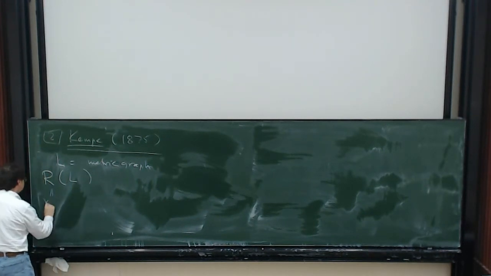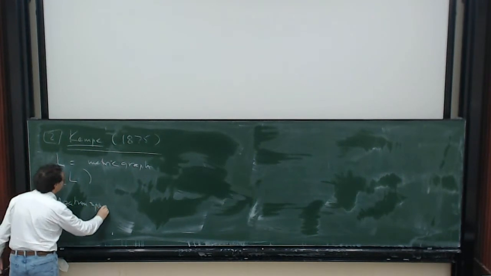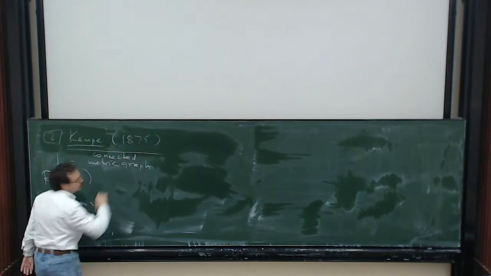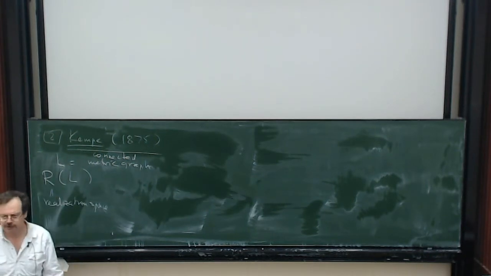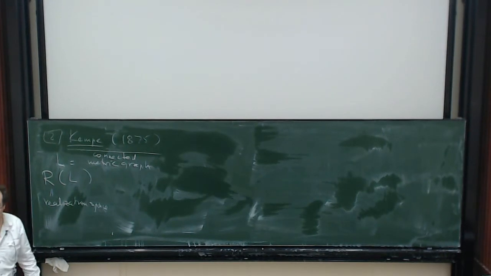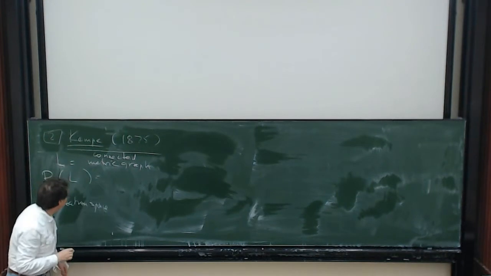It's a realization space. And I will assume it's connected to keep things clean. If it's disconnected, there are some things which work differently for disconnected graphs, so I will assume it's connected. So as before, what is this?